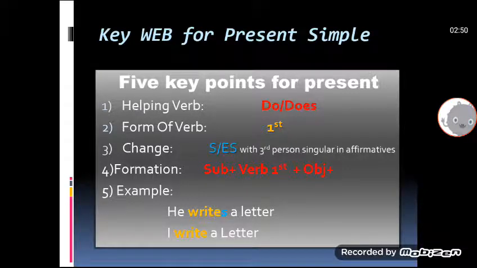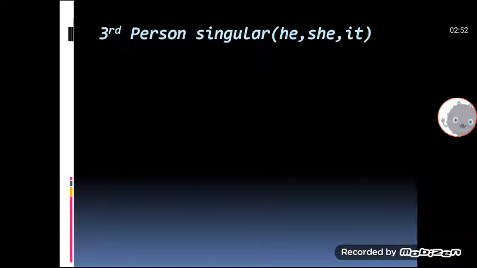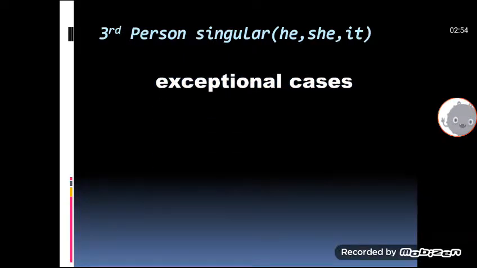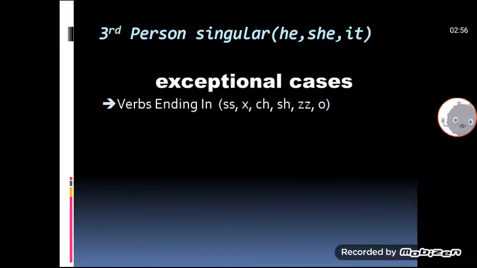I write a letter. Next, third person singular he, she, it is having some exceptional cases. What were they? If the verb ends in double s, x, ch, sh, double z, o, what will happen then? First form of verb plus es. Clear? So we add es to the first form of the verb.